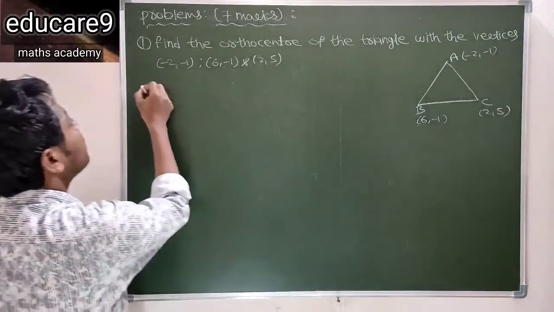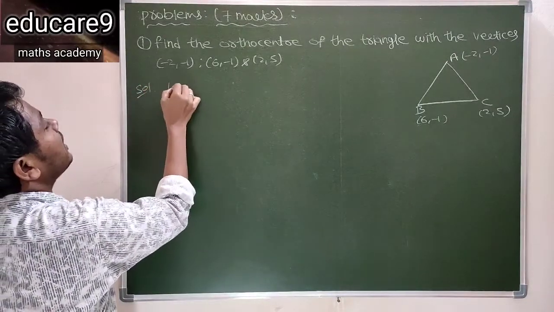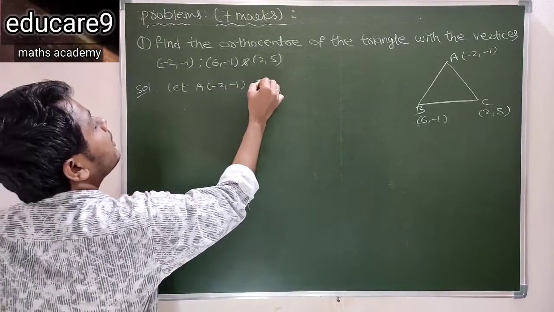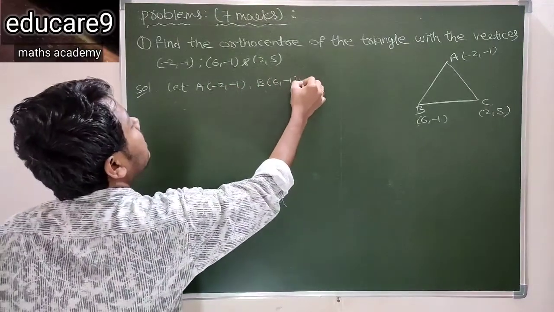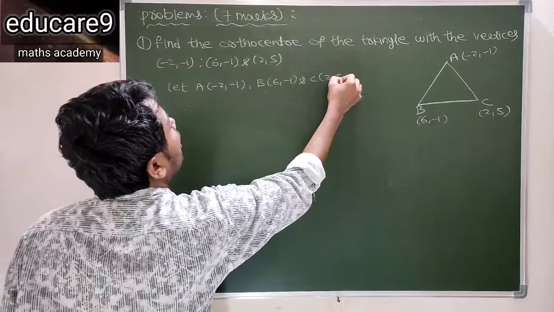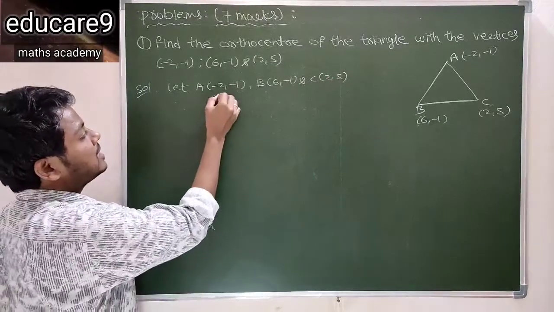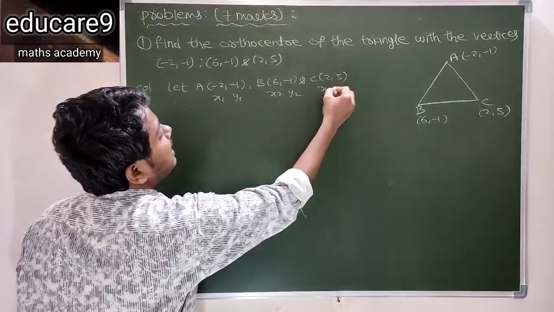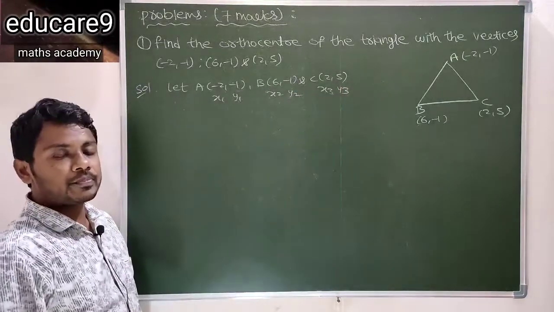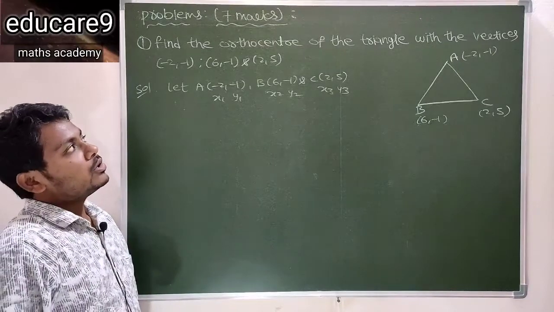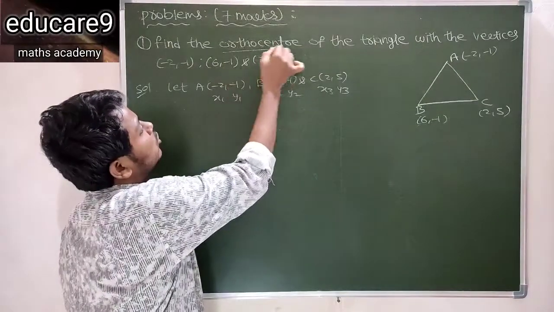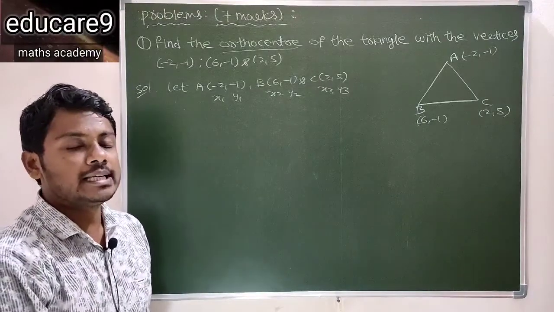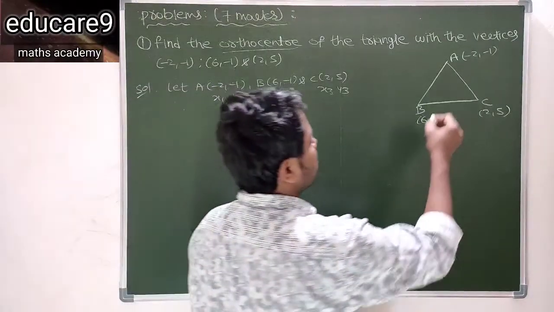Solution: let A be (-2, -1), B (6, -1), and C (2, 5). So this is x1 y1, this is x2 y2, this is x3 y3. Now, what is meant by orthocenter? The point of intersection of the altitudes is called the orthocenter.